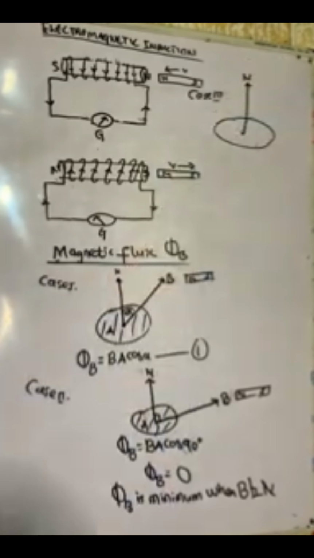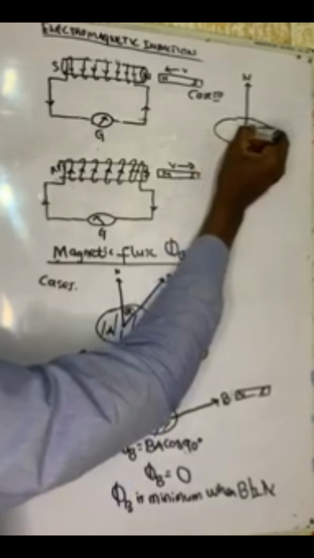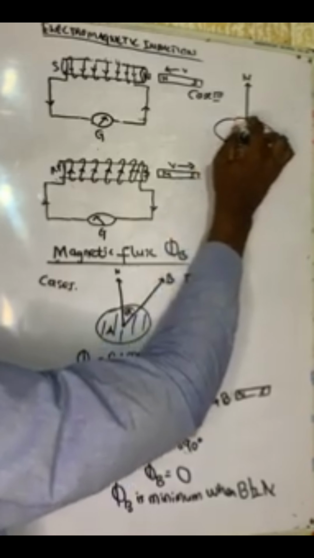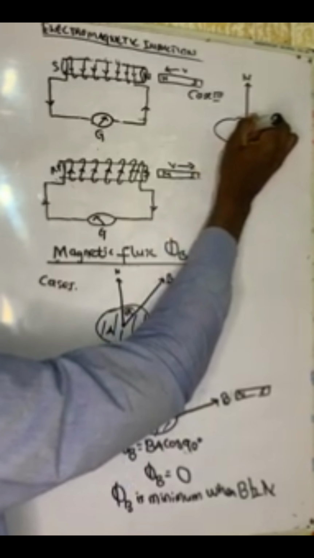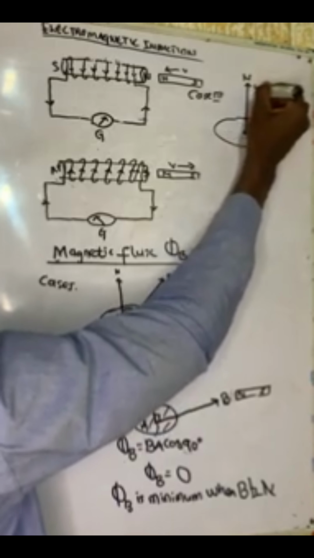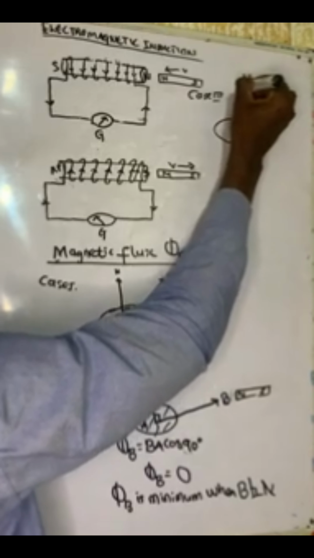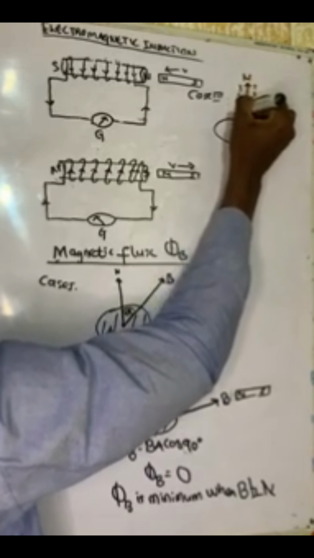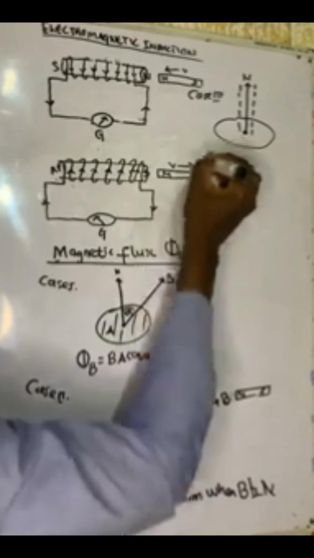This time around, we are trying to orient the magnetic field such that it is parallel to the normal of the conductor. So the magnetic field has been placed such that it is parallel to the normal of the conductor.